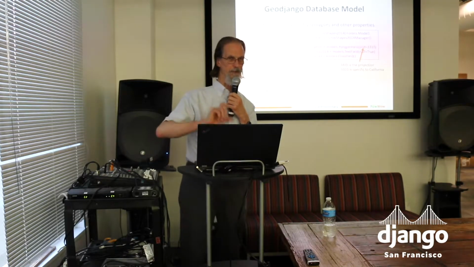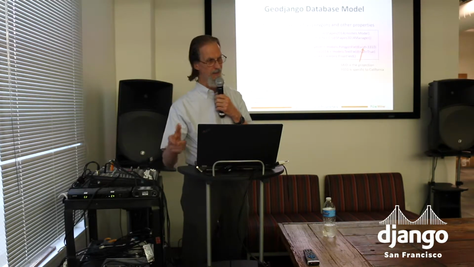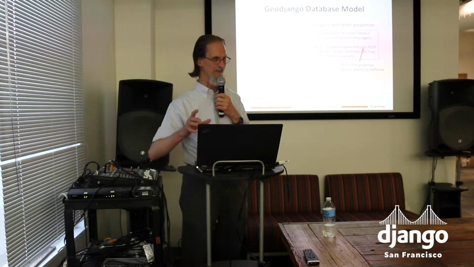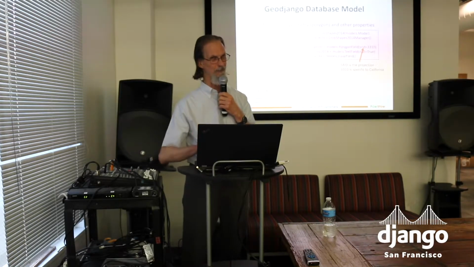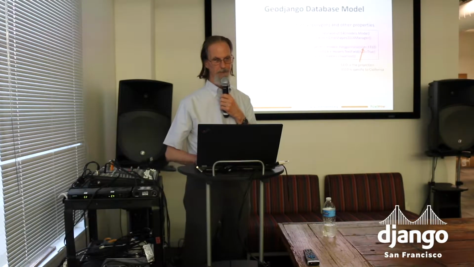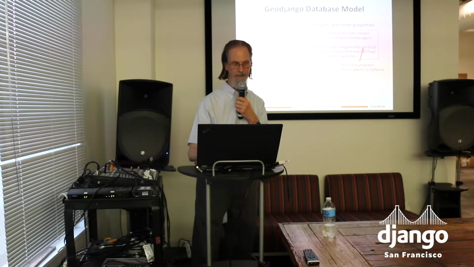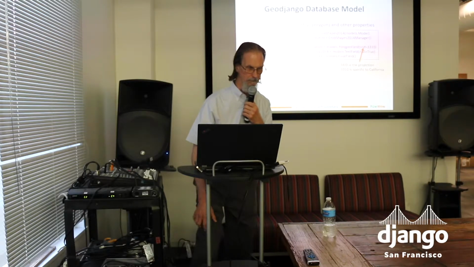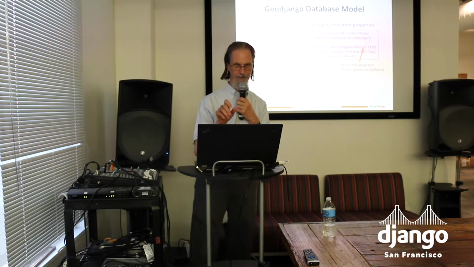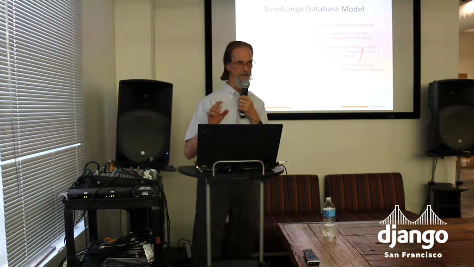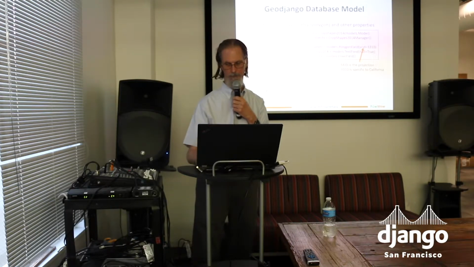Because if you transform it and then transform it back, you don't actually always get the same answer. You kind of don't want to do that if you don't have to. One of the things that Django does nicely is it created the index format. If you read about GIS systems in general, making sure you have the right index is always a tricky question, particularly on larger data sets.